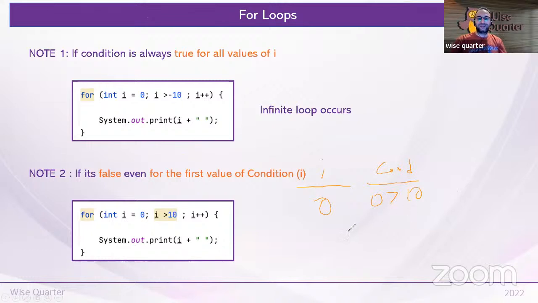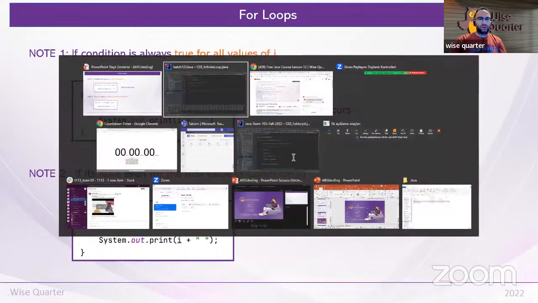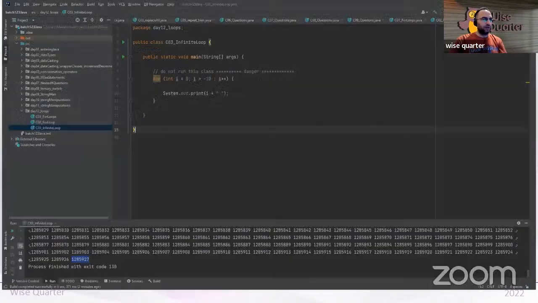This part won't be executed because at the beginning the condition is false. No matter what, we won't see anything on the console. Let's do that. Let's create the code.